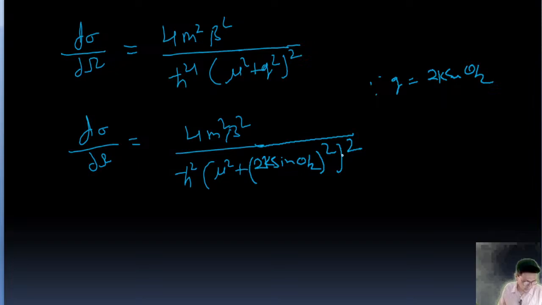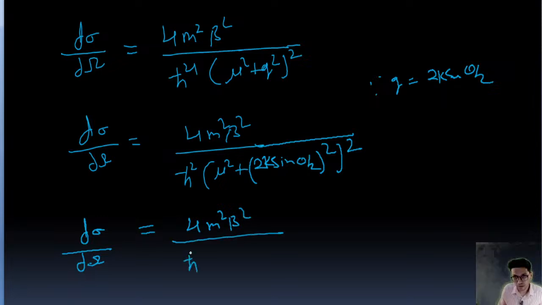So from here d sigma upon d omega is going to be 4 m square beta square upon h cut square. Here we can take 4k square common.